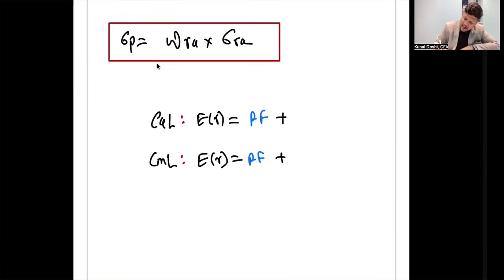We generally write the Sharpe ratio of our portfolio or security as Ri minus RF over the standard deviation of that security.